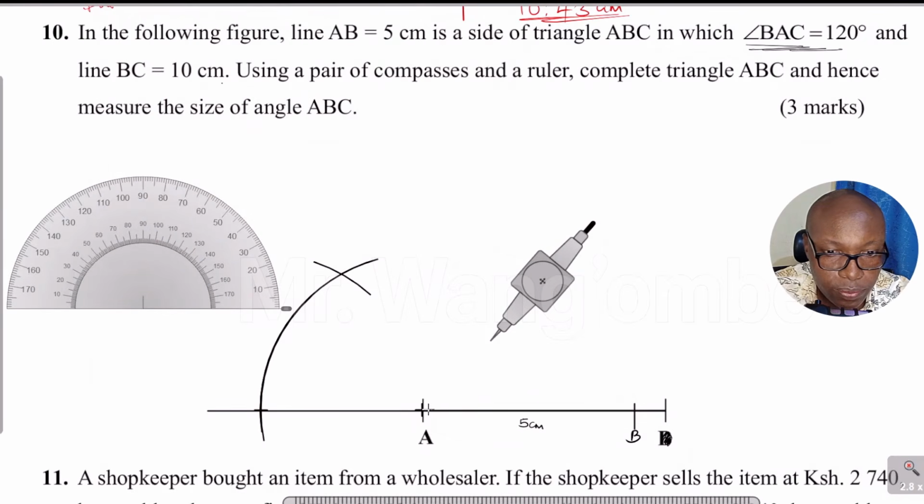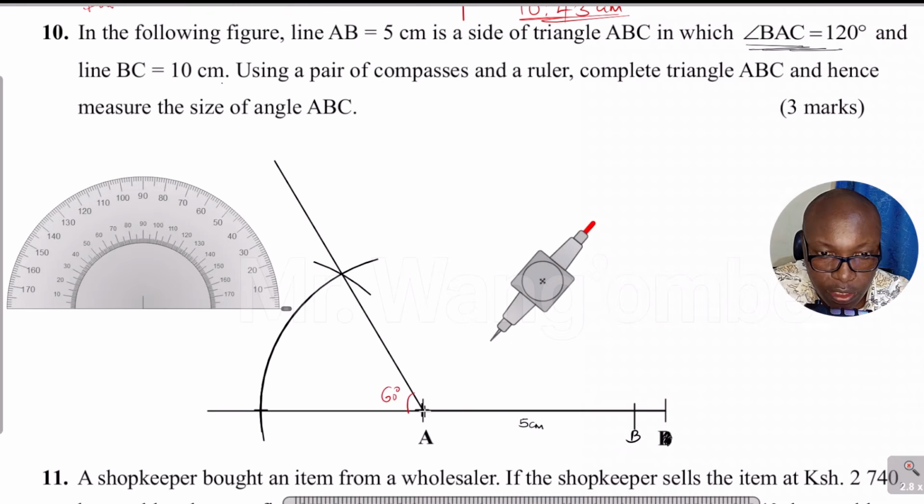Then join this point A with the point of intersection of the arc there, like that, and these will be 60 degrees.